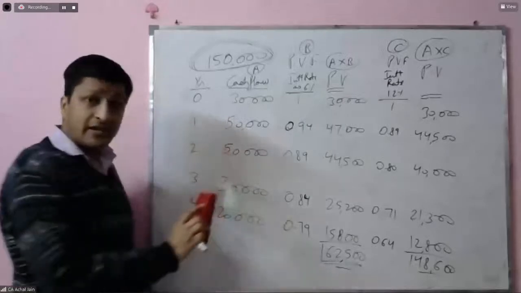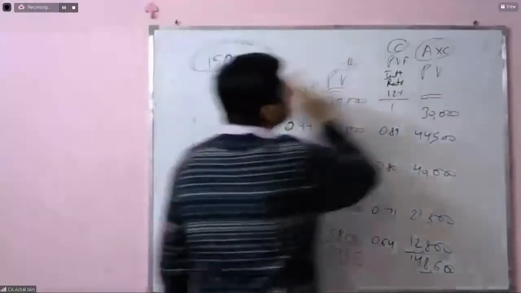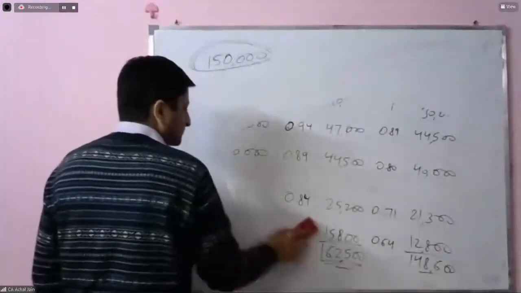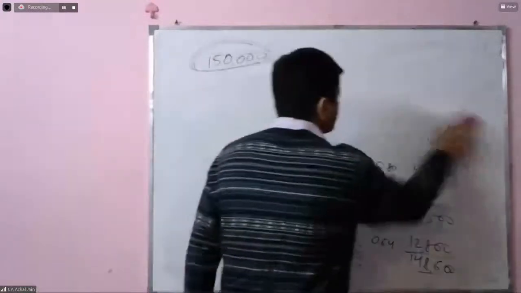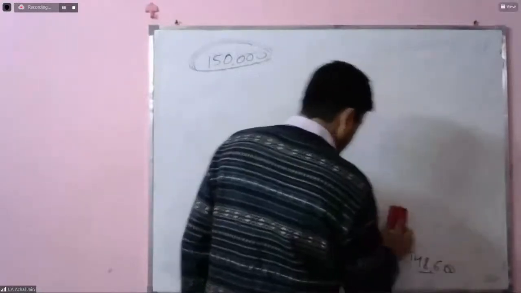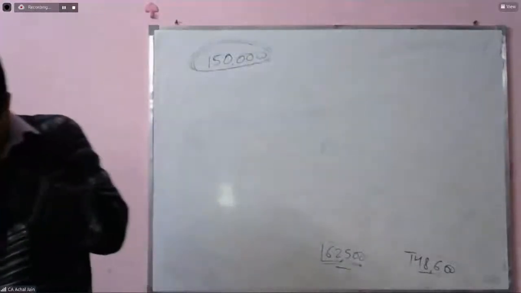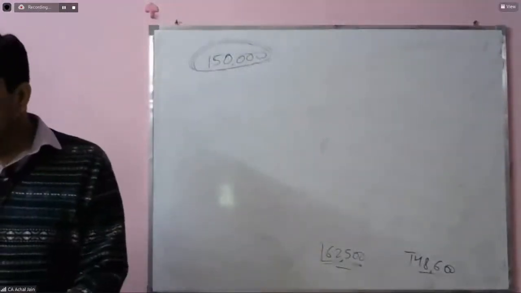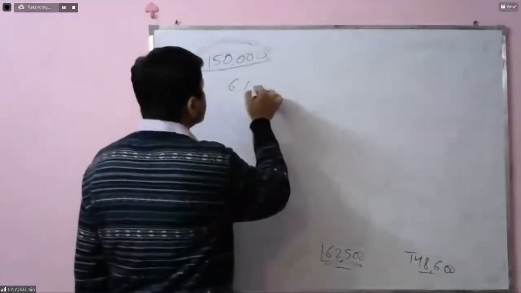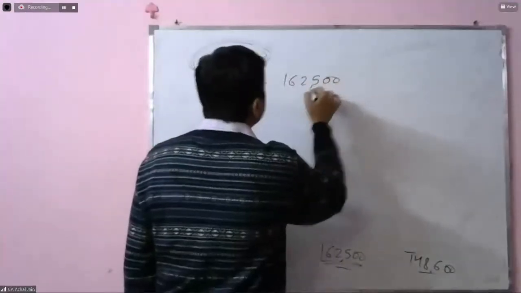Let's understand. So I'll clear this part, all of you. Okay. So now what do I see? I see that at 6% my PV came out to 1,62,500.